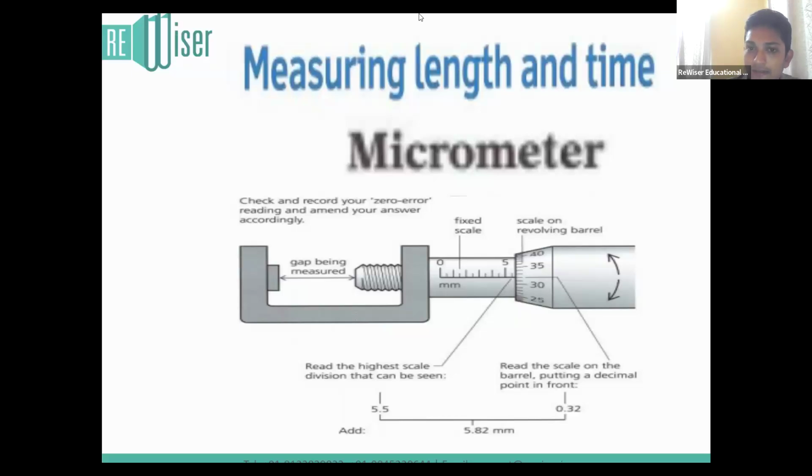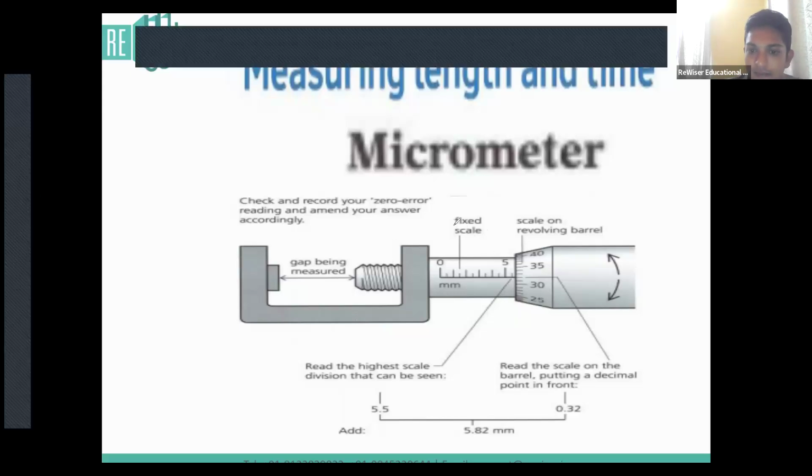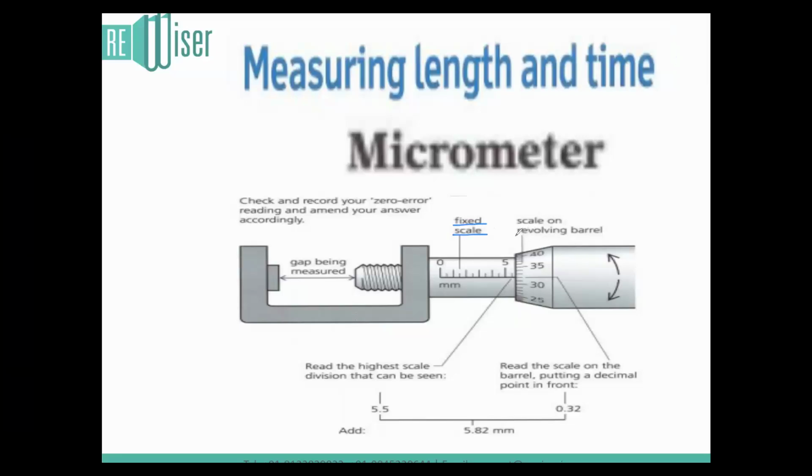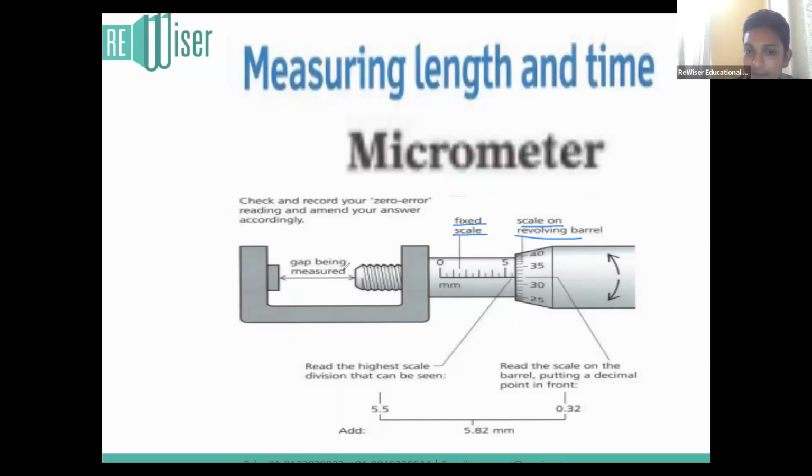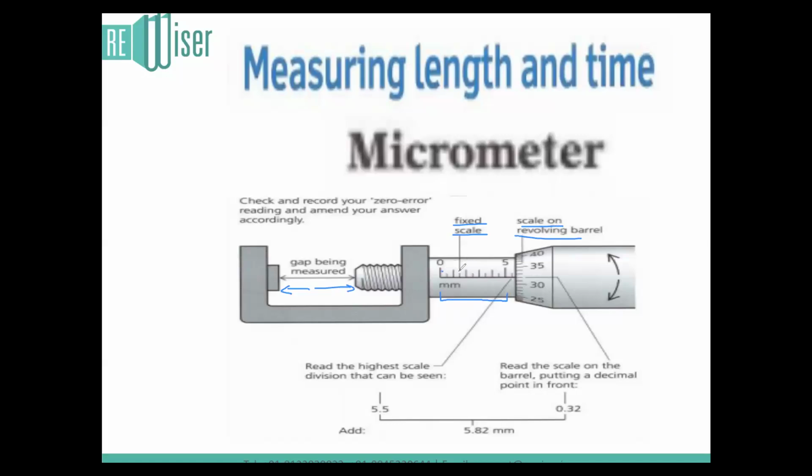It has 2 scales, as you see in the diagram. One is called the fixed scale, and the other is a scale on a revolving barrel. For example, let's say you are measuring a certain thickness or diameter, and you notice this. In the fixed scale, how many divisions do you see from 0 to 5? 10 divisions. 1, 2, 3, 4, 5, 6, 7, 8, 9, 10.